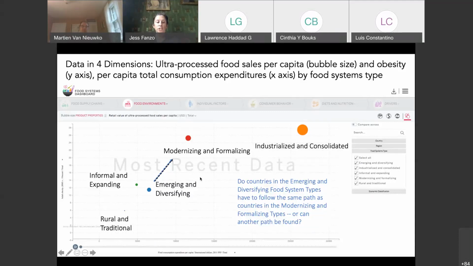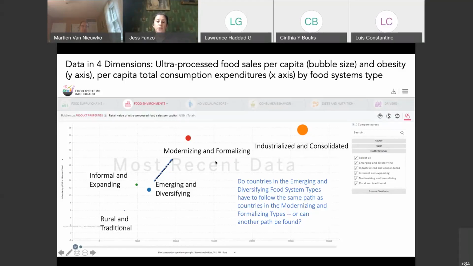But the question is, when you look at these typologies, some of the typologies in between, the emerging and diversifying, the modernizing and formalizing, you could consider those the transitioning economies. Do these countries have to follow this same path as what America has done, or Europe or Mexico or Australia?